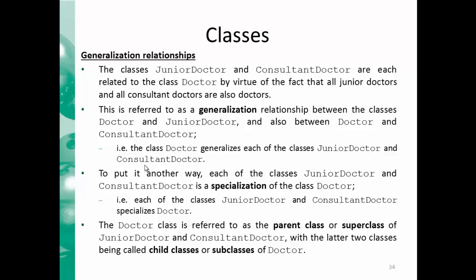Now, same as for the DVD library system earlier, we define and identify different kinds of association in the system. One of the common and important associations in the object-oriented paradigm is the Generalization Association.